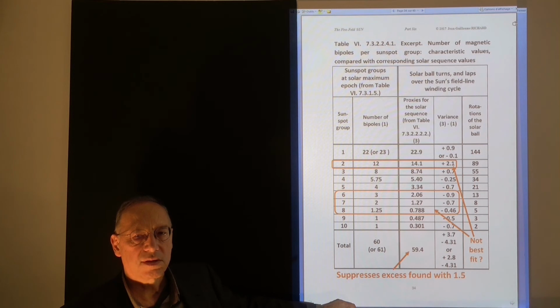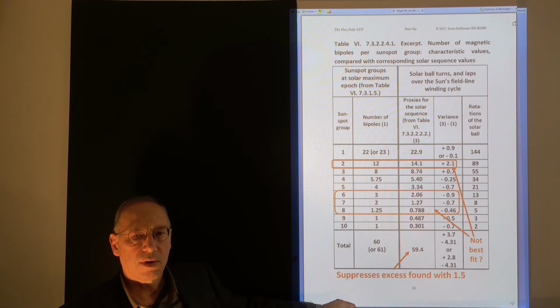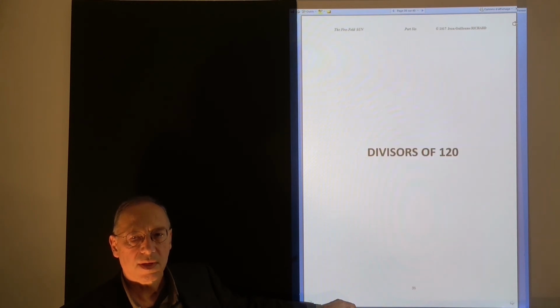So the interest of this approach with the solar sequence numbers is that we would be able, if the fit was convincing, to reply to the two questions, what is the distribution and why is it so? Because we would get the sequence of the numbers of B-poles from the sequence of differential rotations over the entire Schwabe cycle.